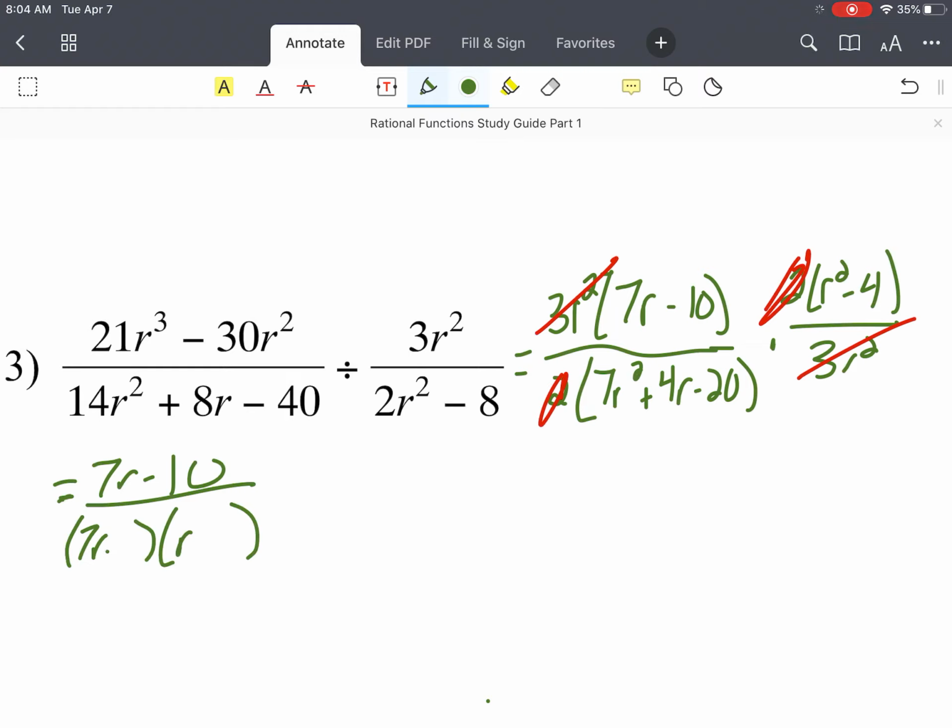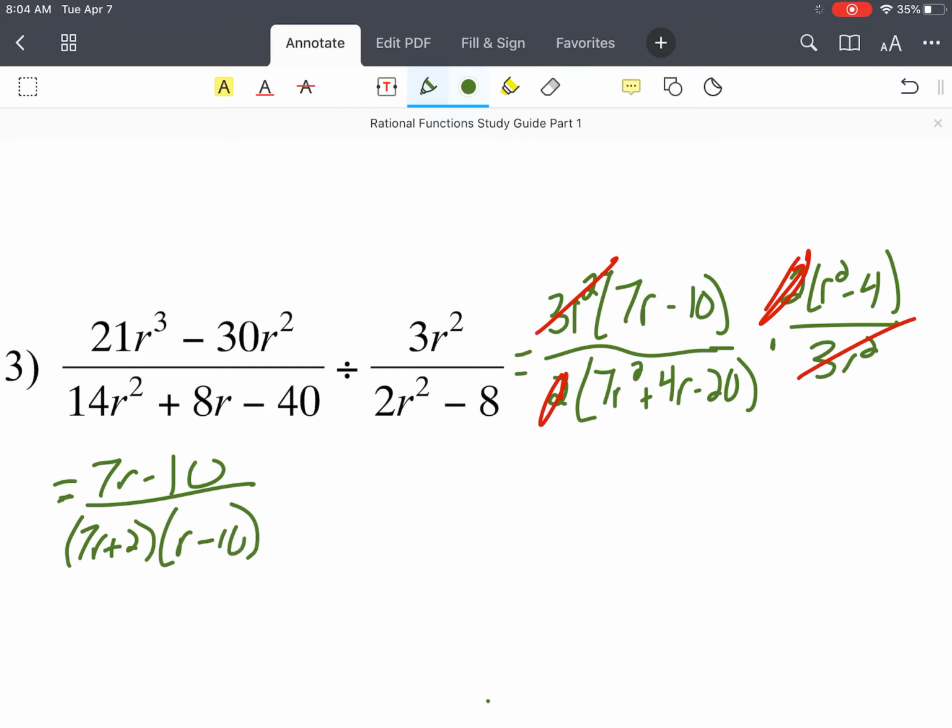Negative 4 and 5, and I've got to make a 4 in the middle. So let's say I do negative 4 here, plus 5 here. That's going to give me 35 minus 4. That's not going to work. So let's try something else. It looks like 4 and 5 are not going to work, so maybe 2 and 10.